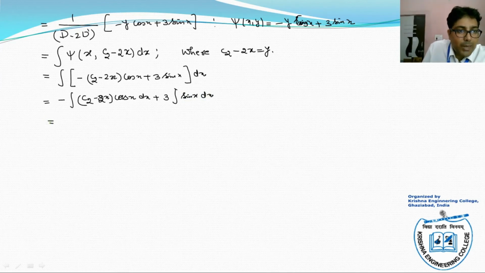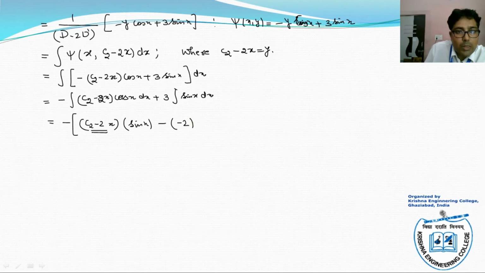This becomes minus the integration of this; again apply the Leibniz rule. So we take u as c2 - 2x and v the integration of cos x, which is sin x. Clear? Minus differentiation of this function, which is minus 2, integration of this again is minus cos x, plus 3 times the integration of sin x, minus cos x.